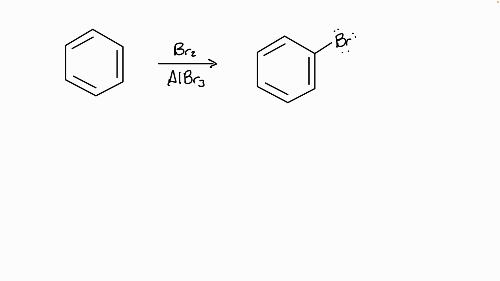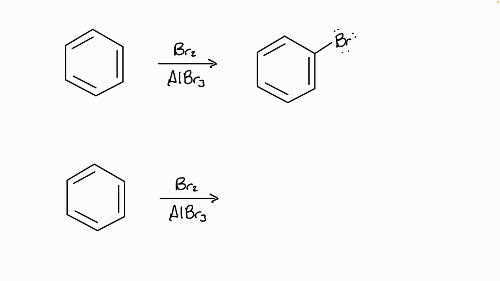All right, this is how we substitute a hydrogen for a bromine. And now I'm going to do the exact same reaction, but instead of starting out with just a regular old benzene ring, I'm going to start out with a benzene ring with that electron donating group.